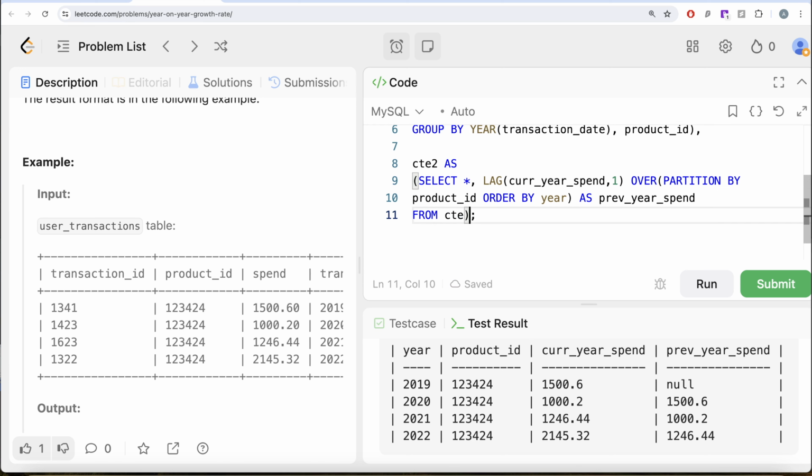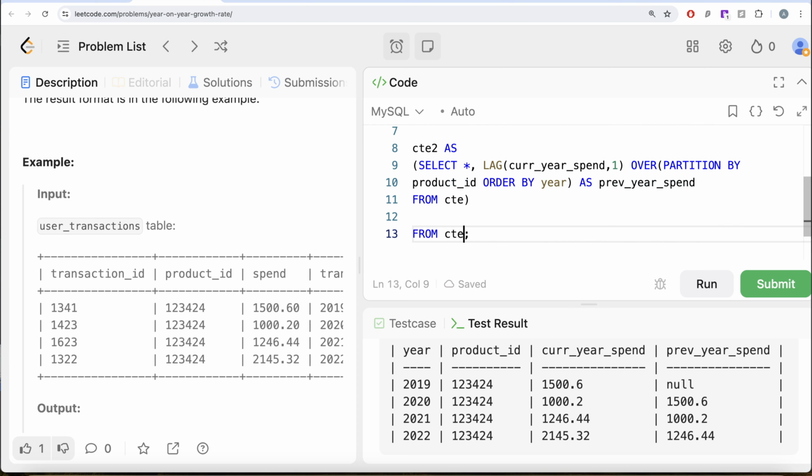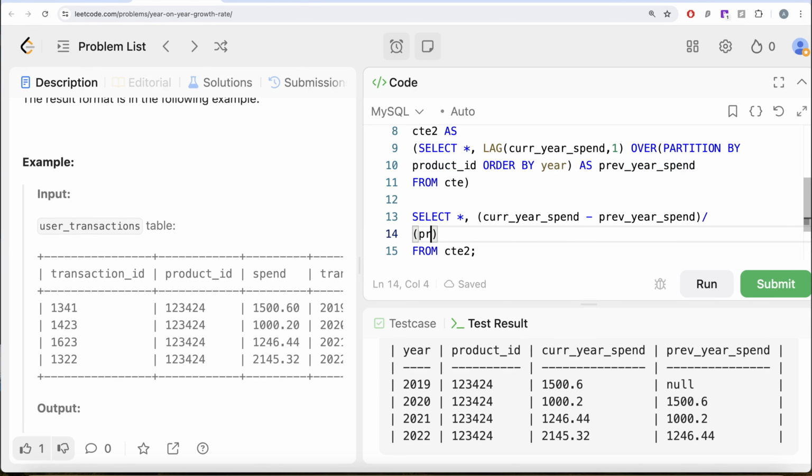and then from this common table expression 2, let us return all the 4 columns that we already have, and then do current year spend minus the previous year spend, and this should be divided by the previous year spend, and then we need the percentage, right?